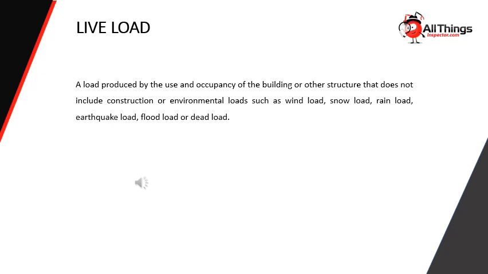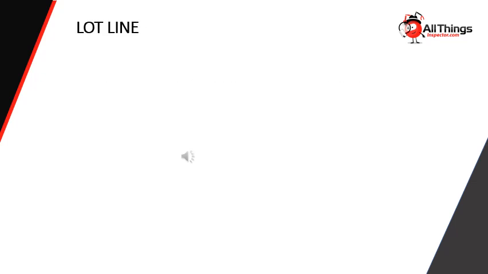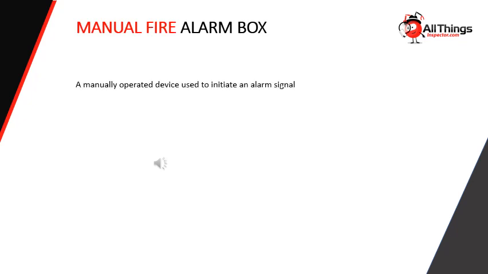Live load. A load produced by the use and occupancy of the building or other structure that does not include construction or environmental loads such as wind load, snow load, rain load, earthquake load, flood load, or dead load. Lot line. A line dividing one lot from another, or from a street or any public place. Manual fire alarm box.